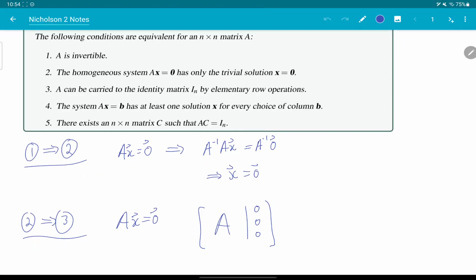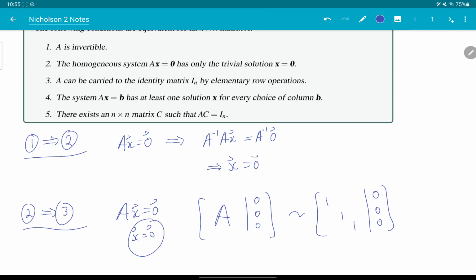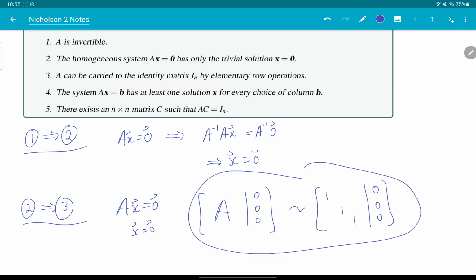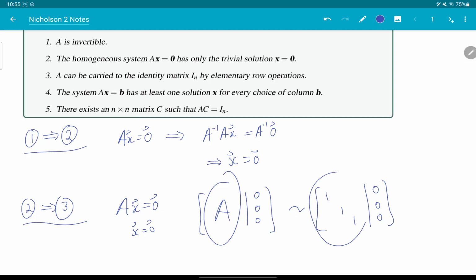What must that mean? If it has only a unique solution, the 0 vector, that must mean that this augmented matrix row reduces like so. There's no other way you're going to have a unique solution, x equals 0 vector. So if I assume 2, then this augmented matrix must follow this path, meaning that A must be reducible to I_n.